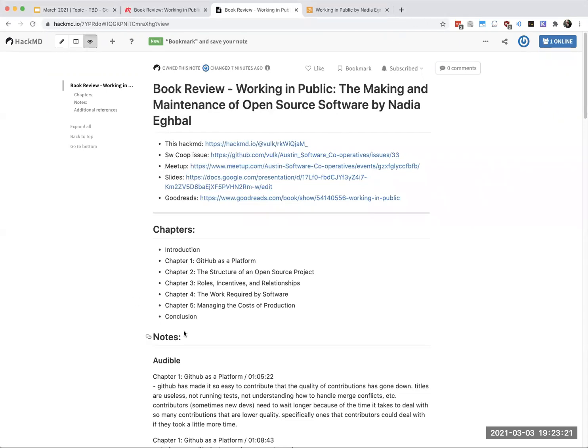So the introduction is tying in with some of the history of open source and how it relates to, the way it was presented, the free software movement and the philosophy around that.